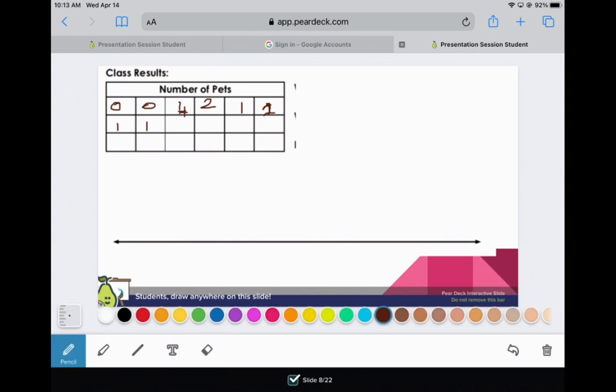Anyone else have some sort of pet? I'm sure we have more than 8 students in here. Do you mind sharing? If you don't have one, then put 0. It's okay, right? I just want to collect the data. That's all I need. 2 dogs?